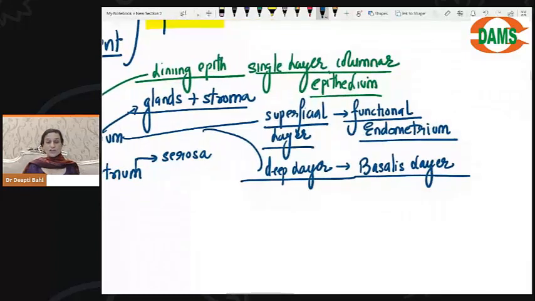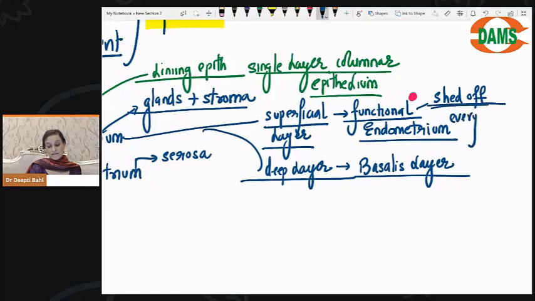What is the clinical relevance of knowing this? We will do the details later, but as of now, the clinical aspect you have to know is that it is the functional part of the endometrium which is shed off every month. How and why it is shed off, we will talk about when we go on to physiology.